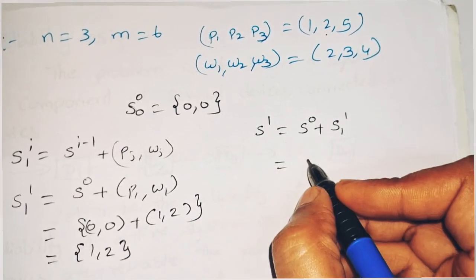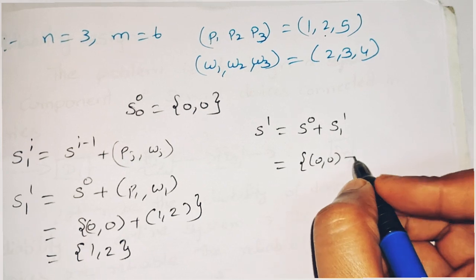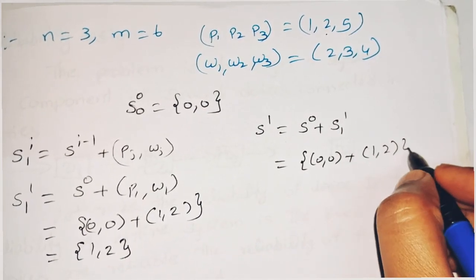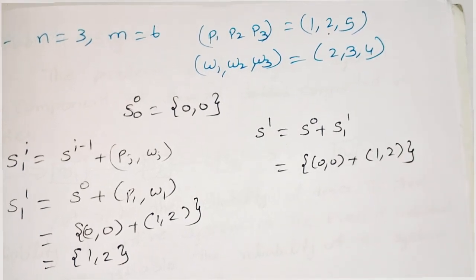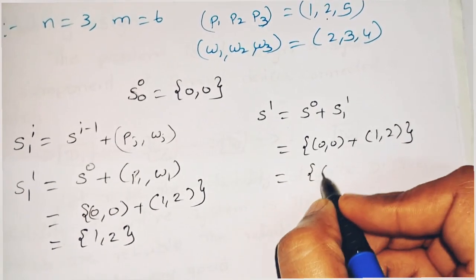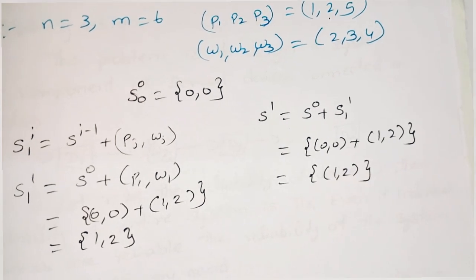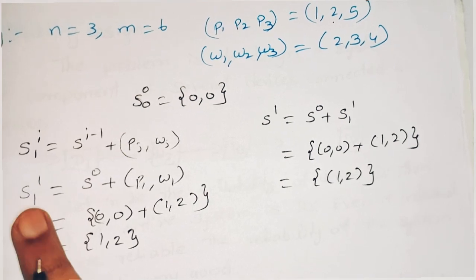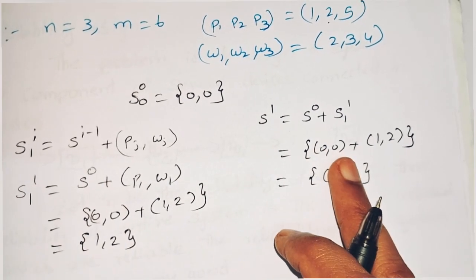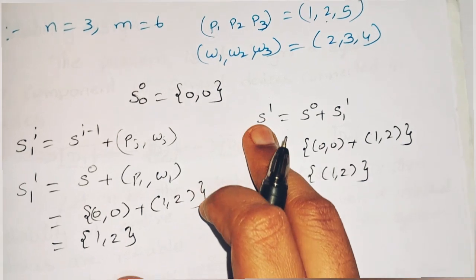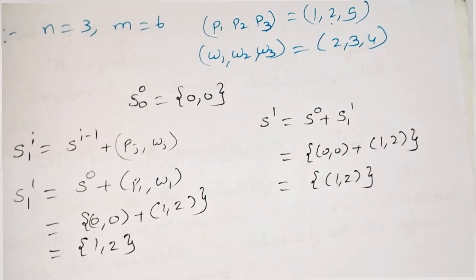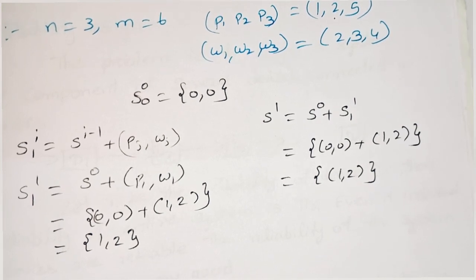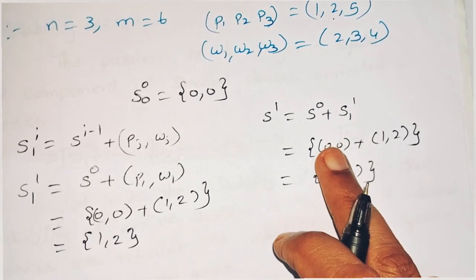We know S^0 equals (0, 0) plus S^0_1, and what is the S^0_1 value? (1, 2). So we find the single weight which we want to move into the bag and then do the merging operation. Here S^1 means one weight is moved into the bag, so the possibilities are (0, 0) and (1, 2).